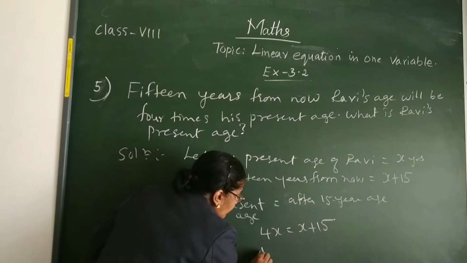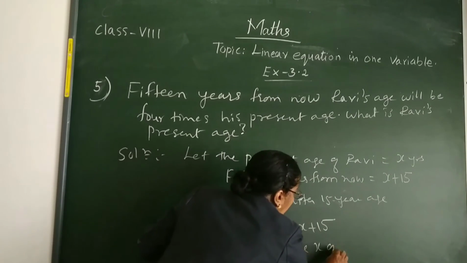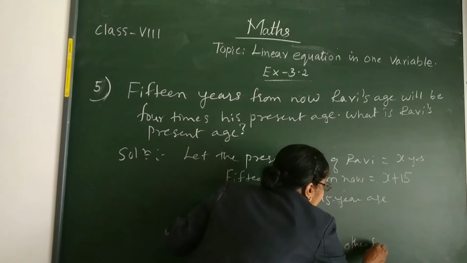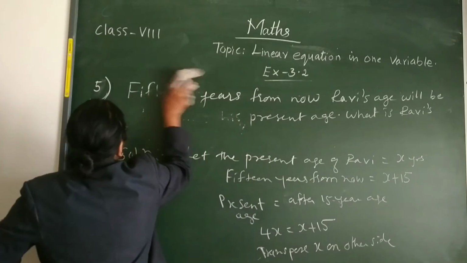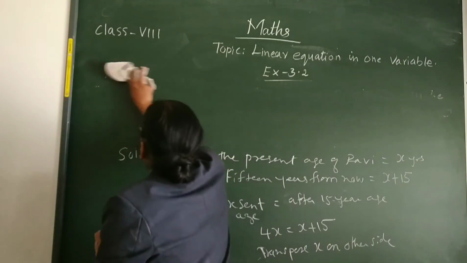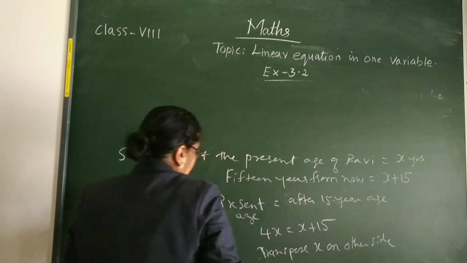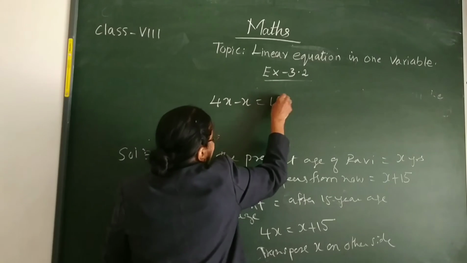So we are going to transpose x to the other side. So what will you get if you transpose x to the other side? You will get 4x minus x is equal to 15.